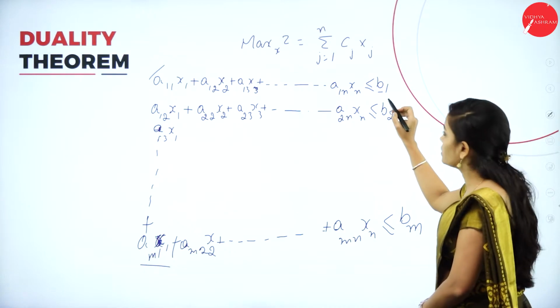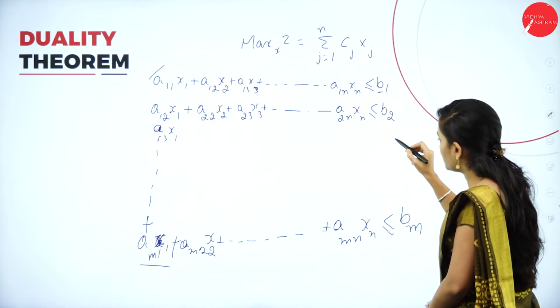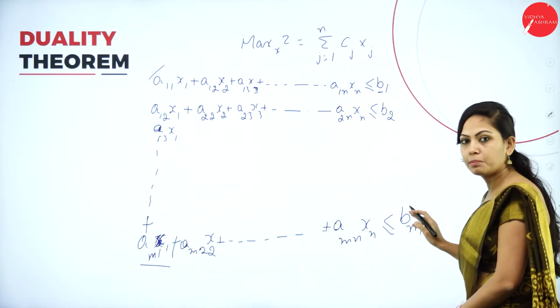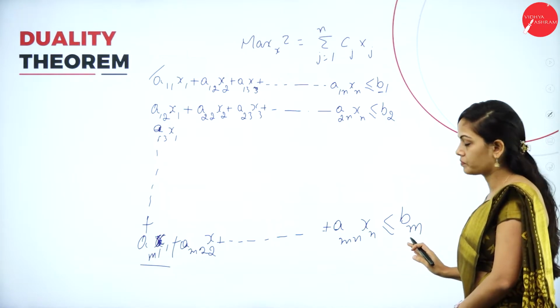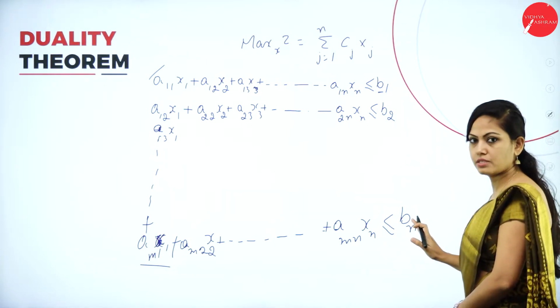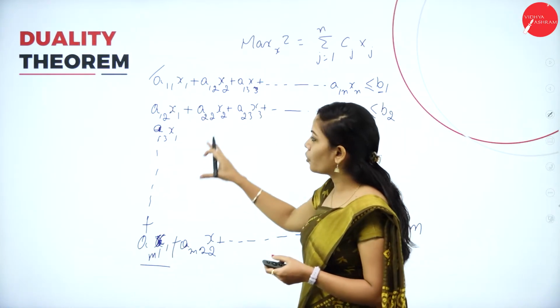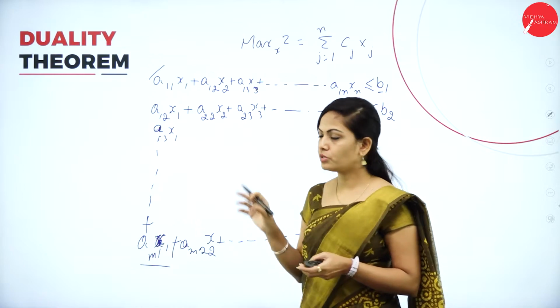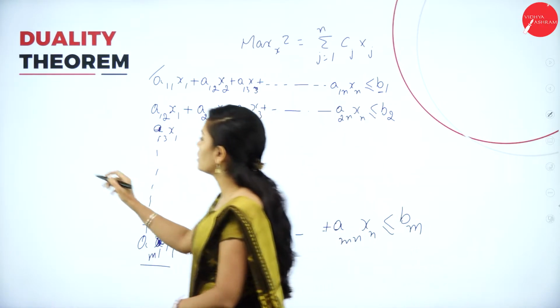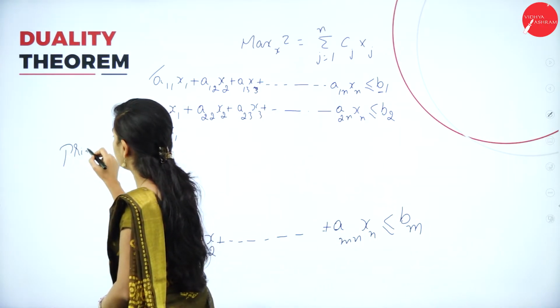And you just observe this RHS: b1, b2, b3, b4, b5, b6 up to bm. So this is your RHS and this is your LHS. So this is your original problem. This original problem is called the primal problem.